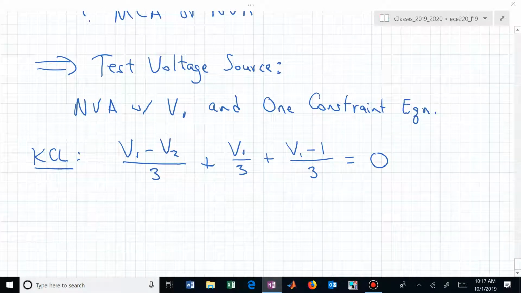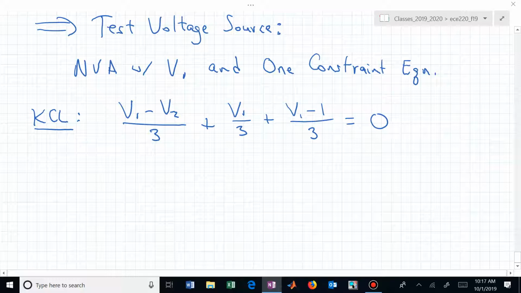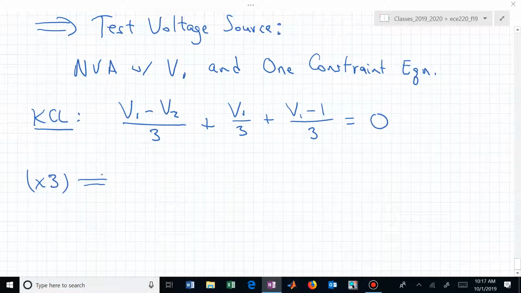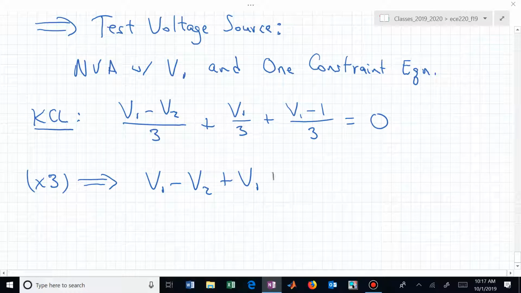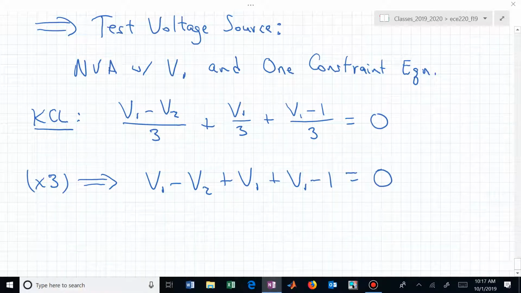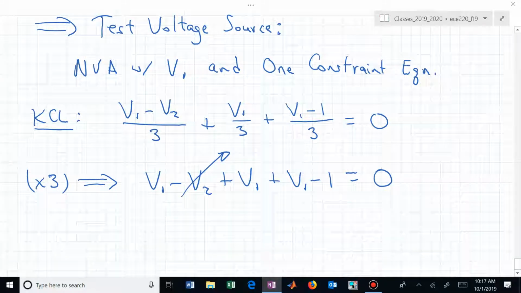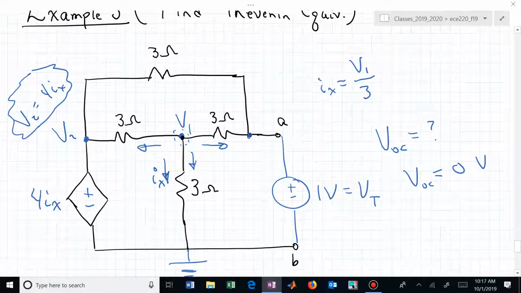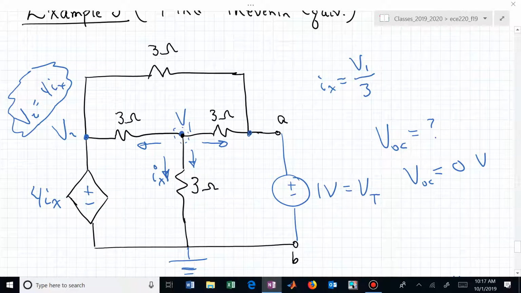And what did we say? Well, let's just multiply this by 3. That'll clean that up a little bit, get rid of some of the fractions. We have V1 minus V2 plus V1 plus V1 minus 1 is equal to 0. And we said V2 was what? 4I sub x, and I sub x was V1 over 3.